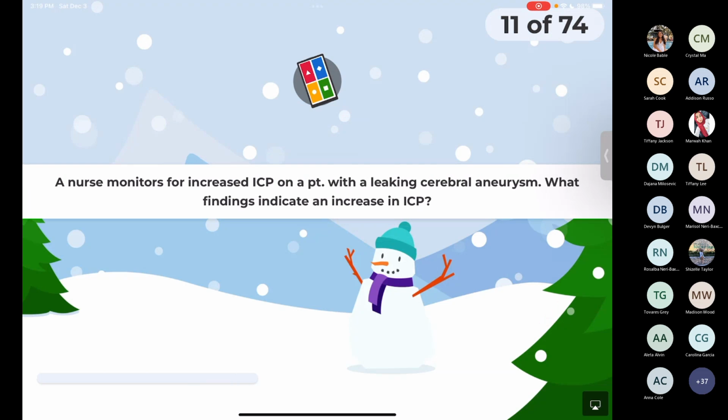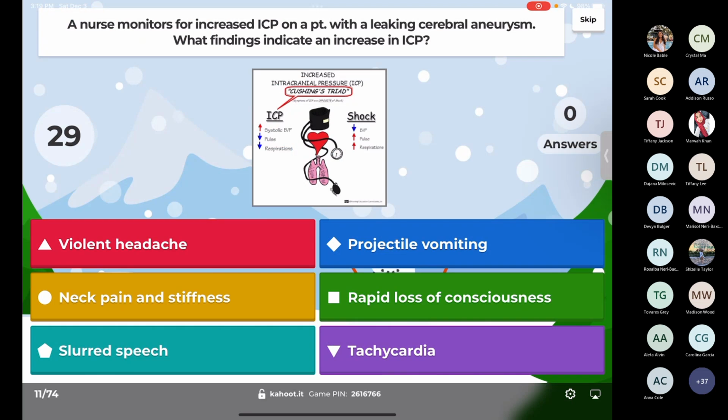A nurse monitors for increased intracranial pressure on a patient with a leaking cerebral aneurysm. What findings indicate an increase in ICP?